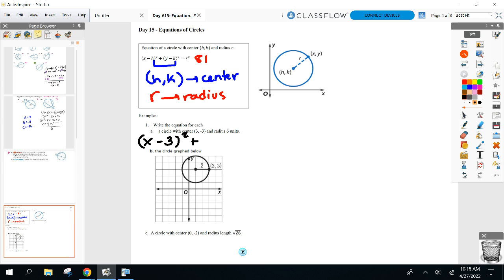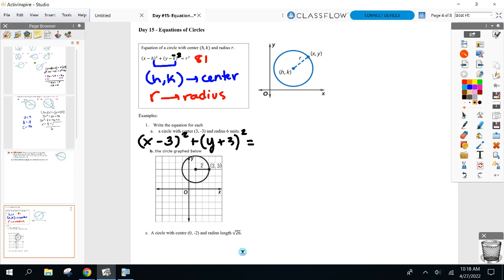plus, what do you think is going to happen inside this one now? Y. Now what's your k value? Negative 3. So when I plug it in here, what am I going to write now? Not y minus 3, but y plus 3. Everyone's seeing where the plus is coming from, because I'm putting in a minus negative 3, which turns into positive 3. Squared.